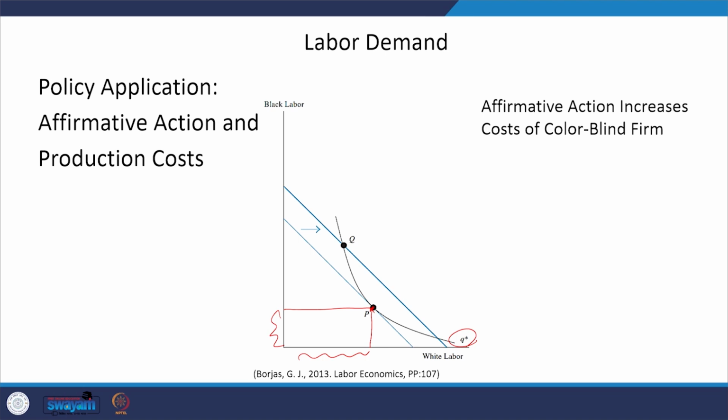From there, because the government has forcefully come up with this policy, the farm has to hire a fixed amount of black workers, so the farm is forced to move to point Q. At point Q, the isoquant is not tangent to the isocost. Therefore, this affirmative policy action increases the farm's cost of production.